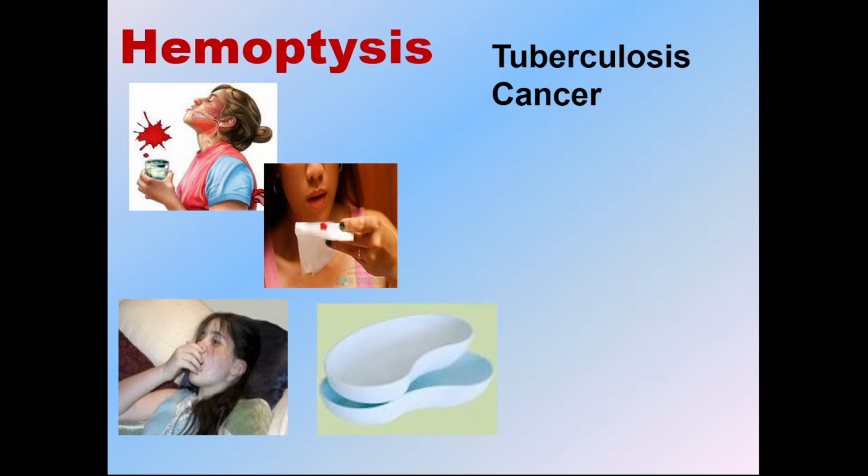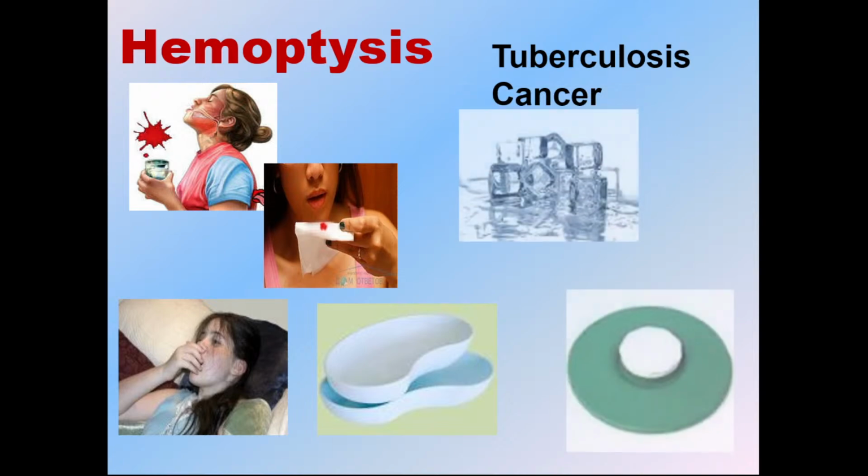Then we must change the position of the patient. If the patient can sit, it must be an erect, sitting position. If the patient is very weak, we must turn him on his side to prevent regurgitation of the blood into the respiratory tract and into the digestive system. All expectorated blood must be easily removed.